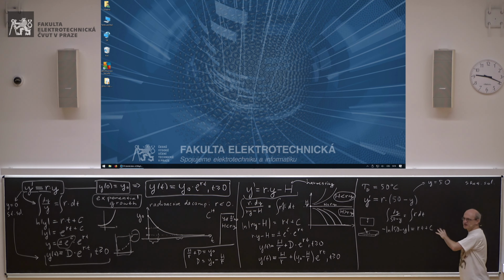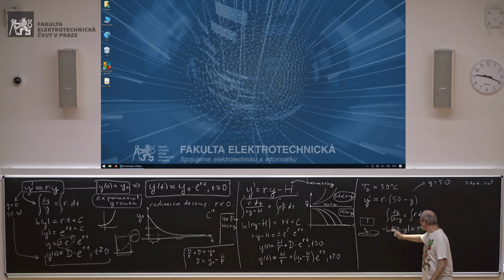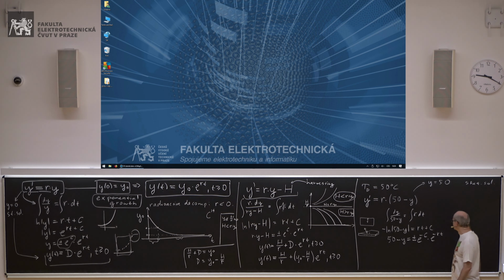You do the substitution if you don't see it. This is basic calculus stuff. Okay, I move the minus to the right. I get rid of the absolute value and I get 50 minus y is equal to plus or minus e to the negative c times e to the negative rt.